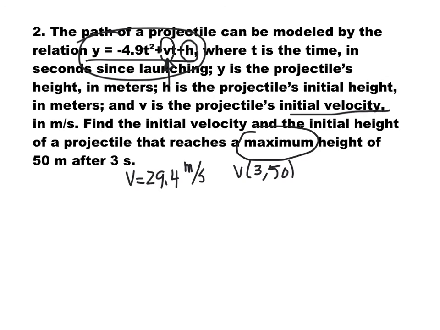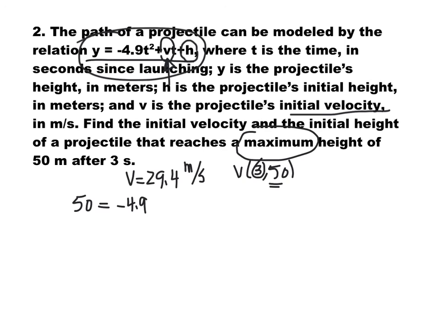So now to find the value for h, remember the vertex is (3, 50). So this means that if I substitute 3 back in the equation, I have to get y equal to 50. But knowing the fact that v is 29.4, I can solve for h. How we do it is very simple. We know that the y value of the vertex is 50, so I can write 50 is equal to negative 4.9t squared.